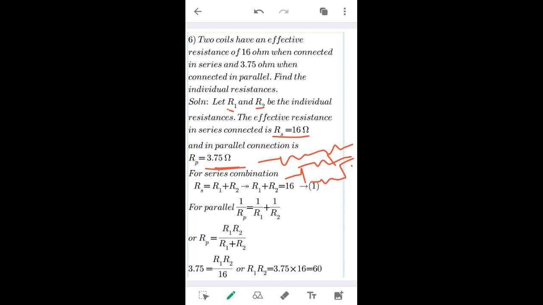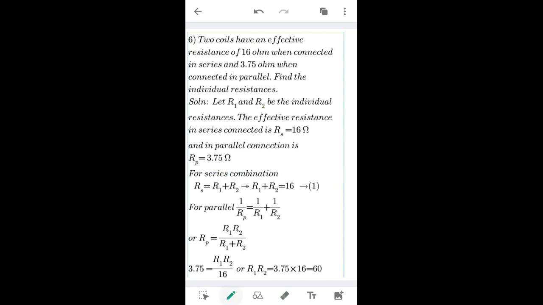It is given. So what is asked is we have to find R1 and R2. Suppose this is R1 and this is R2. We have to find its individual resistance. So let us see now.